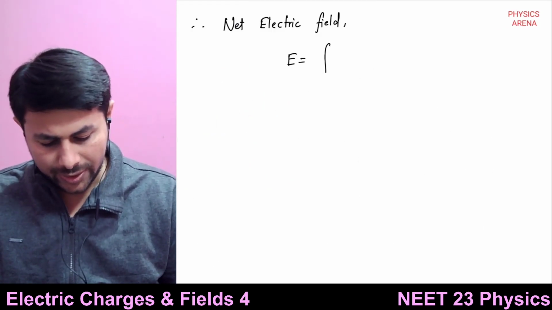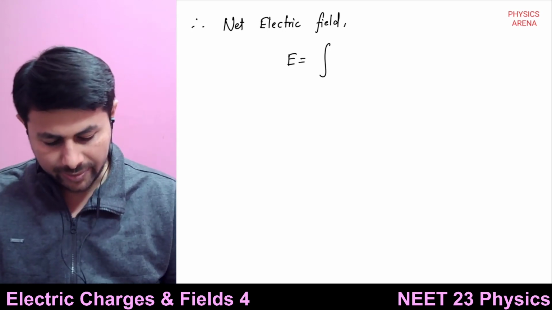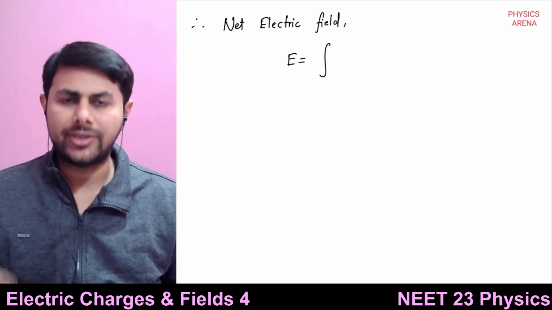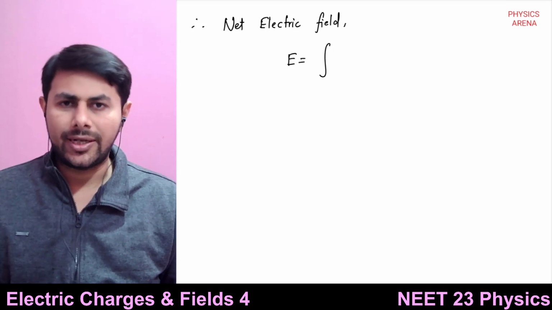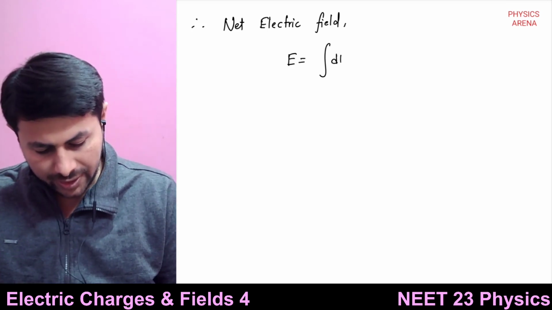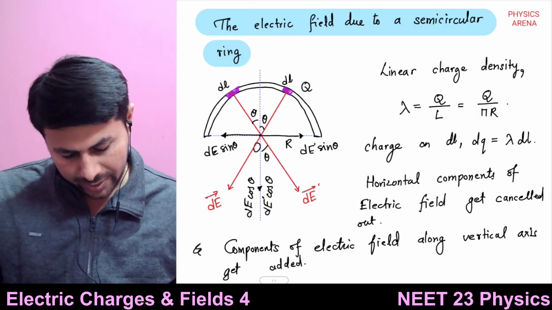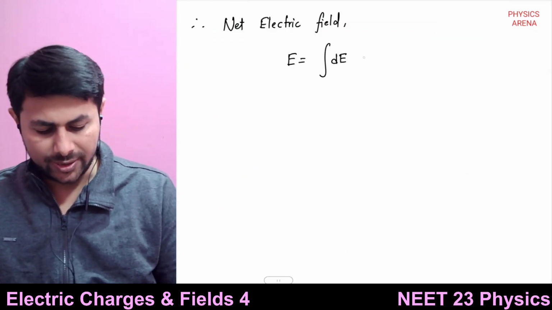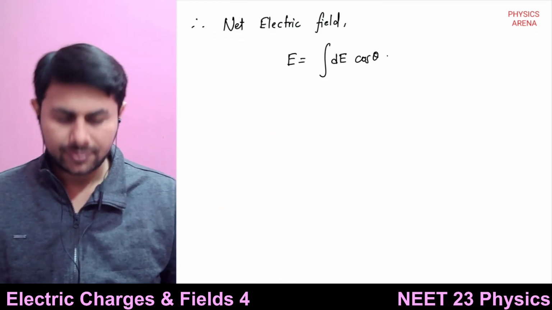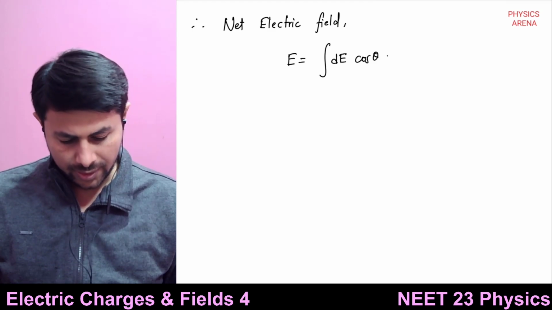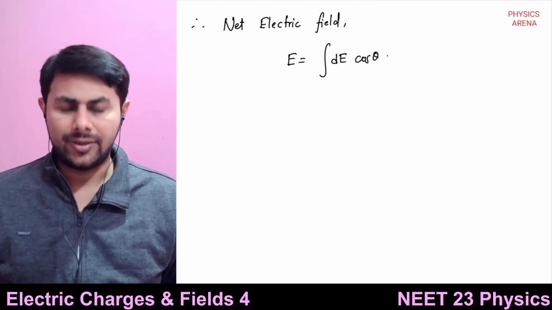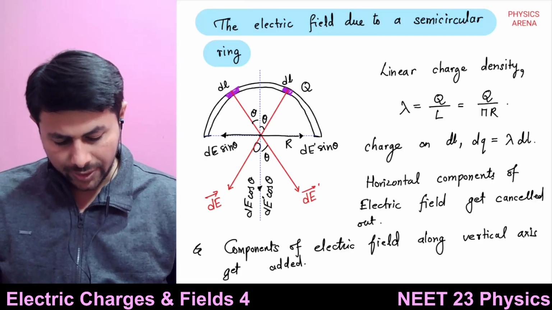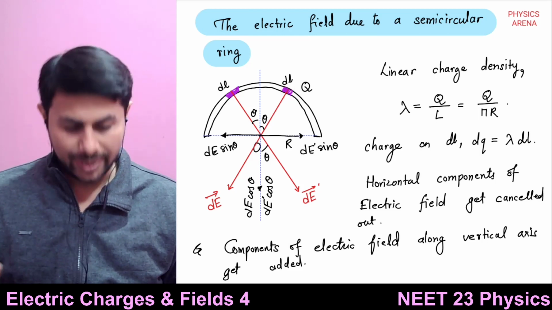So integral of what? Integral of the vertical components of electric field due to all small length elements. So it is dE multiplied by what was the vertical component? Cos of theta, right? Then what is dE? dE is the electric field due to one such small length element.